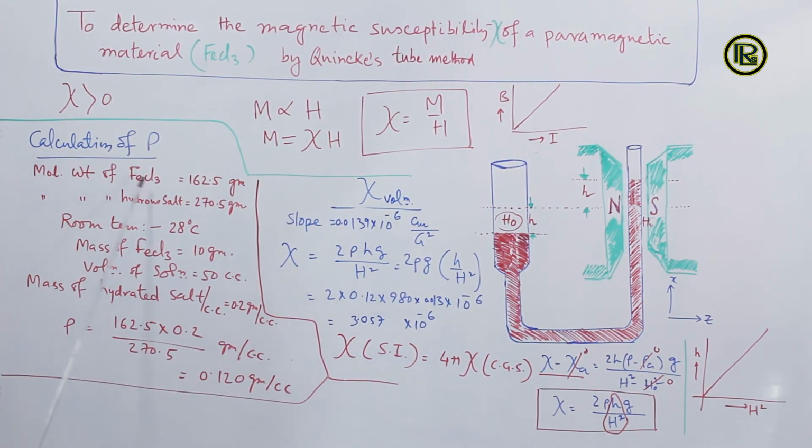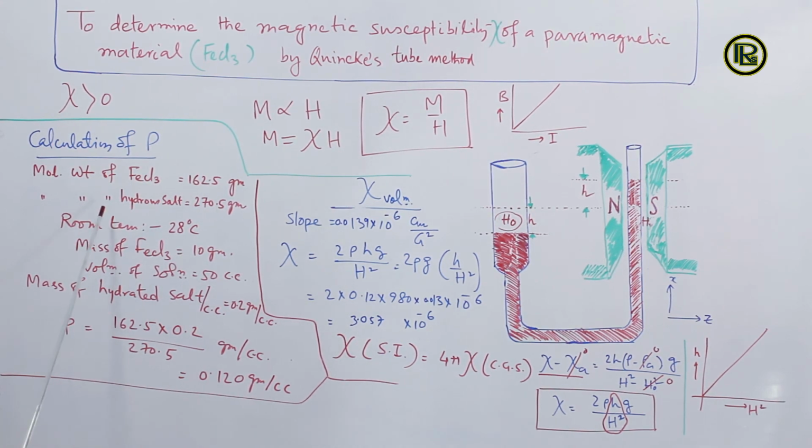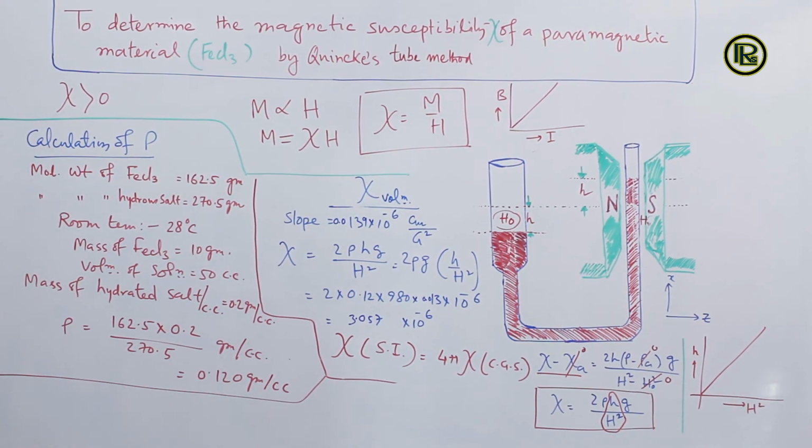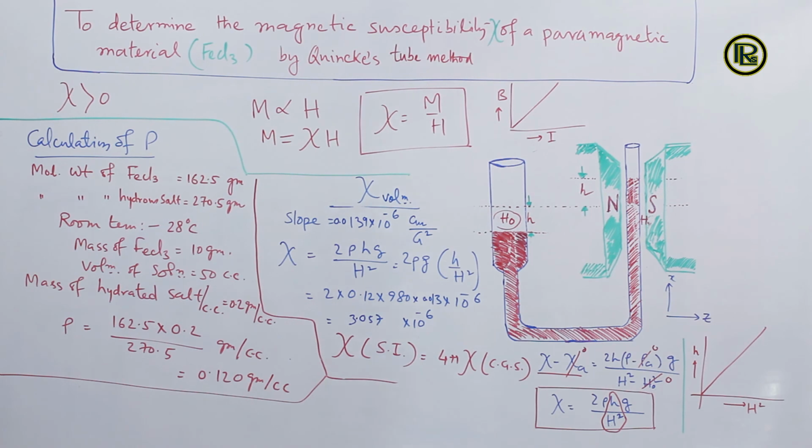So the molecular weight of ferric chloride is 162.5 gram, and when it is dissolved into water, the hydrous salt has the molecular weight 270.5 gram, and we are doing the experiment at room temperature, that is 28 degrees Celsius, and the ferric chloride I have taken 10 gram, and the volume of water is 50 cc.